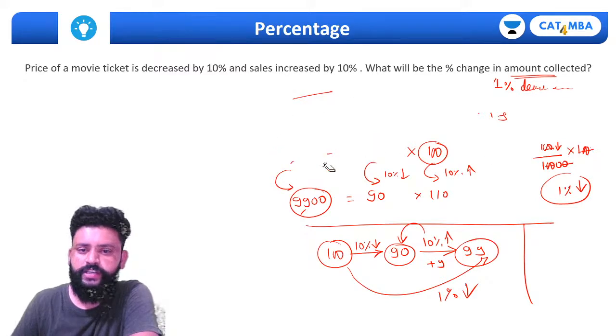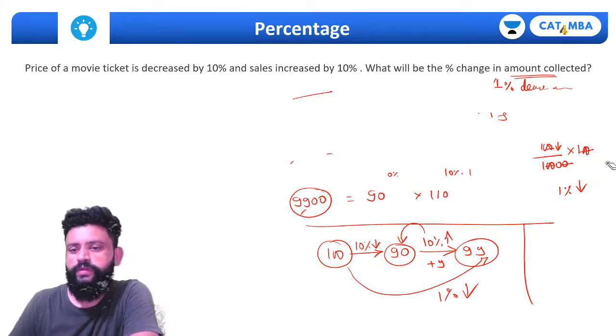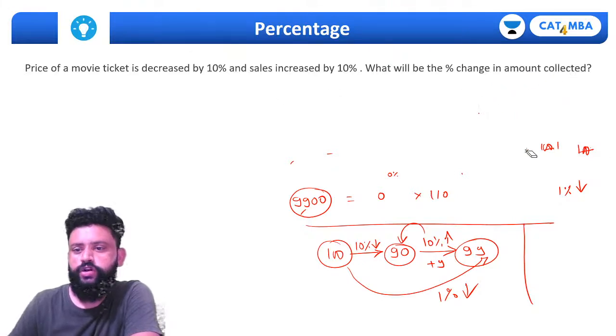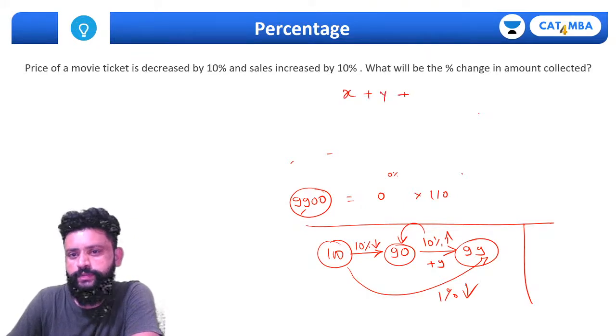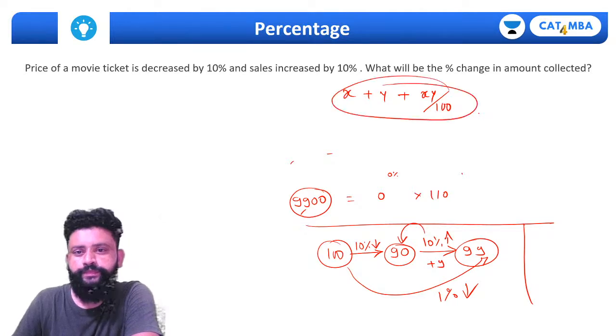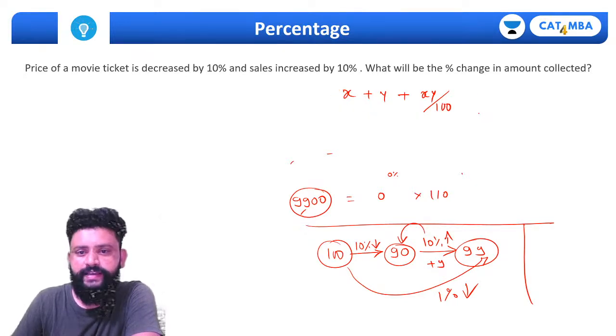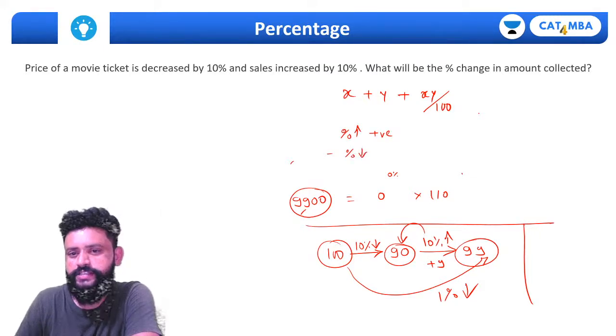Percentage change अगर हमें चाहिए ना तो एक formula work करता है, and that formula is, if you want it in terms of x and y, I can write this as x plus y plus xy upon 100. Okay, if it is increase then take it as positive, and if it is percentage decrease then take it as negative.